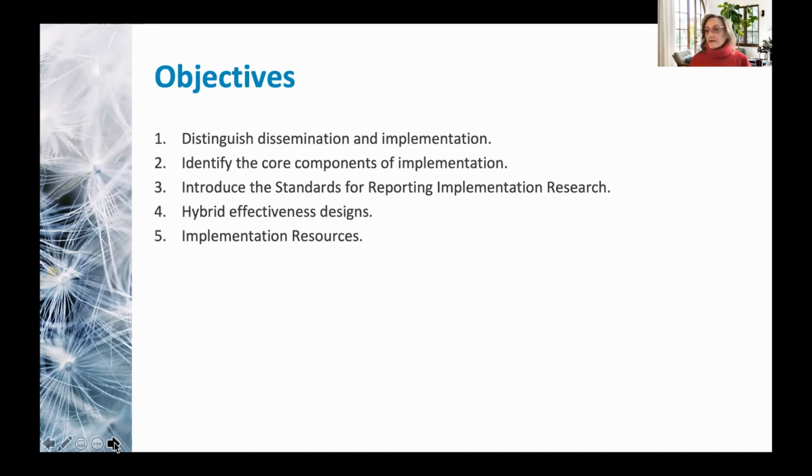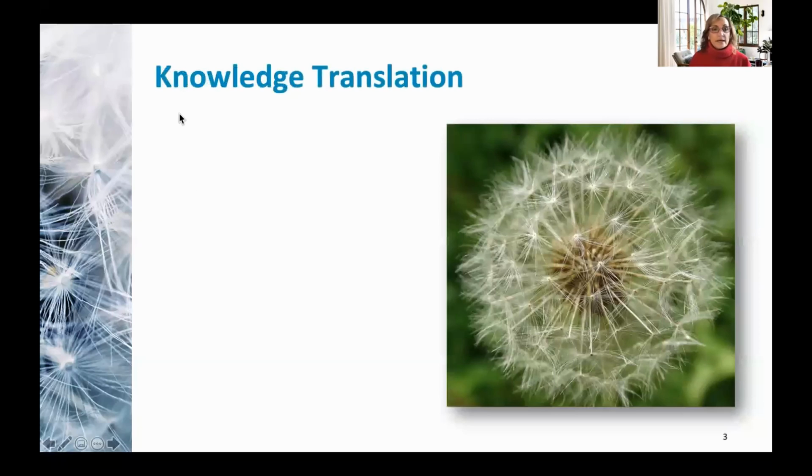It has grown tremendously in the last 15 years. If you start to do a deep dive in all the implementation science literature, it's really hard to unpack it, pay attention, and try and figure out what are the core components and what's important. So I'm going to do that for you. And then I'm also going to introduce you to the standards for reporting implementation research and to hybrid effectiveness designs, and then point you in the direction of some implementation resources. So quite a bit to do in the space of an hour.